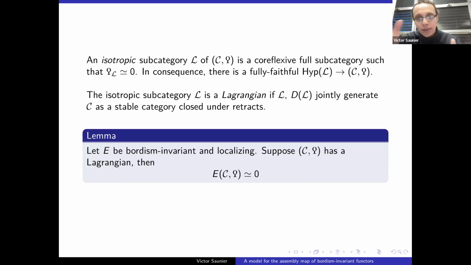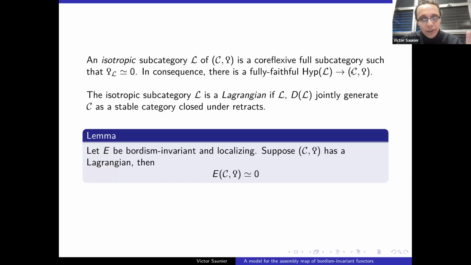One of those lemmas, or propositions, is that if I start with a bordism-invariant localizing thing, then it vanishes on every category with a Lagrangian. And the reason for this is quite simple. If you have a localizing invariant, it should not see the difference between hip of L and C kappa for everything that has a Lagrangian, but by the bordism invariant condition, it also has to vanish on hip of L. It also has to vanish on C kappa.